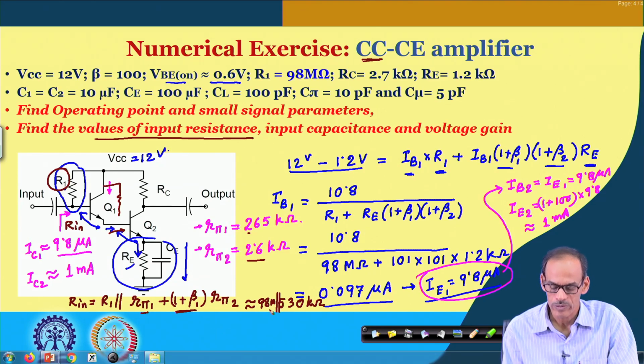Okay. So, then you may approximate this as 530 kilo ohm.